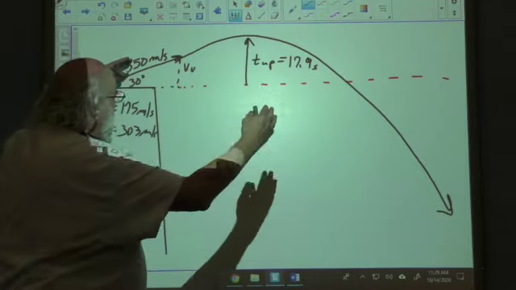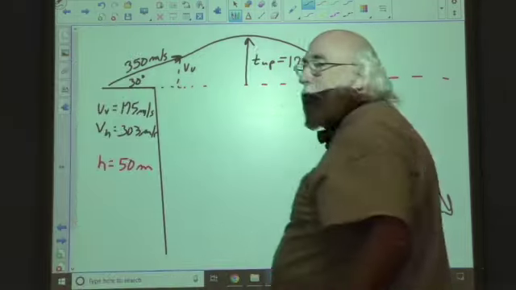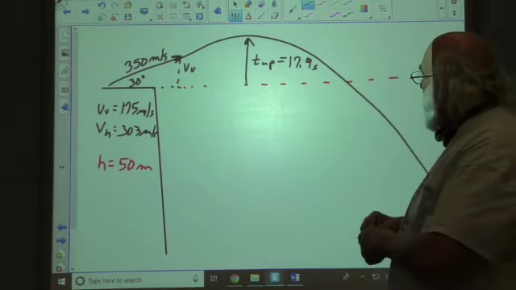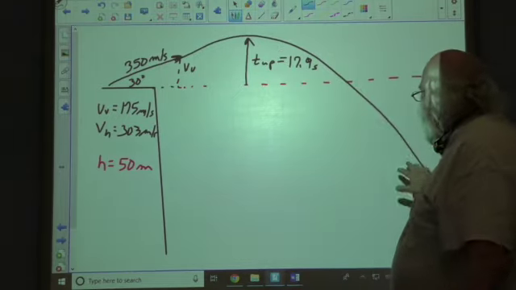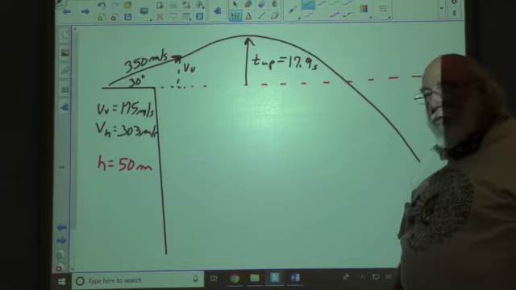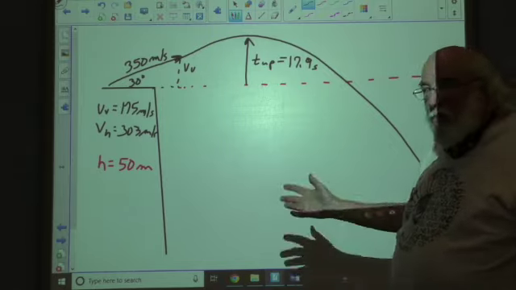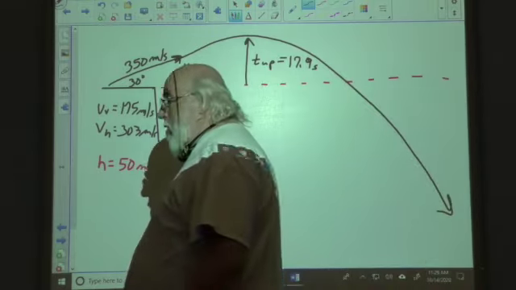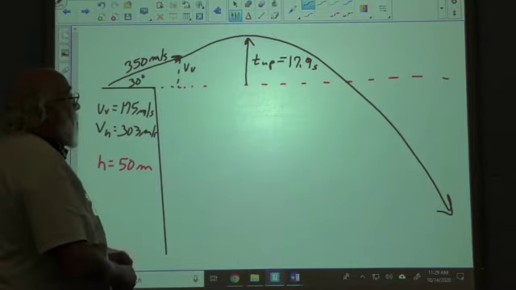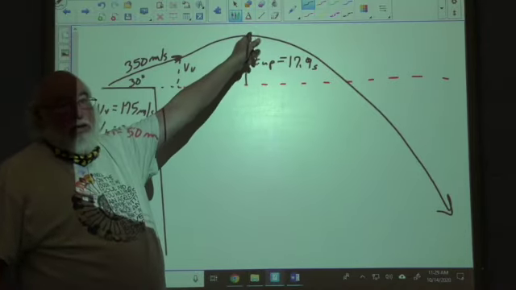But you notice that this is no longer a symmetric curve. This is a curve in which it gets up there quickly, and then this part is going to be a little bit longer. How much longer? That's what we're going to have to calculate. How do we calculate that? We need to find out how high it gets.